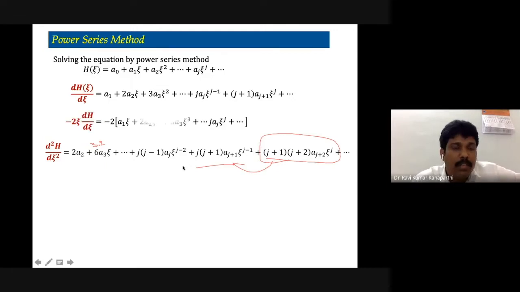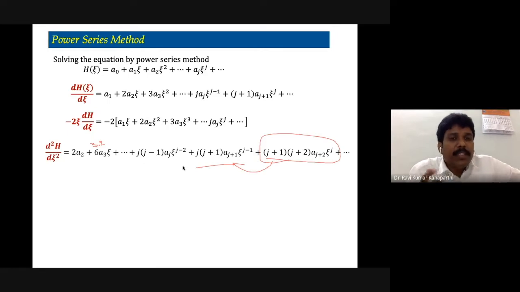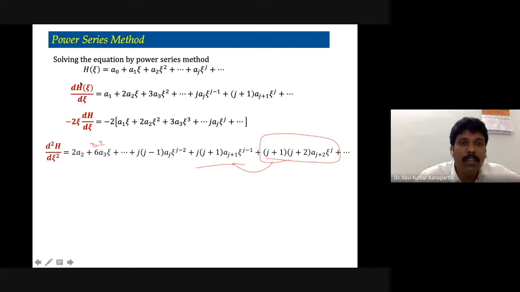Now you realize the fact that in the differential equation it has minus 2z dh of z by dz. Just go back and see what we introduced as the differential equation, that is minus 2z times dh by dz. We already have the first derivative of the infinite power series, so you can multiply it with this.